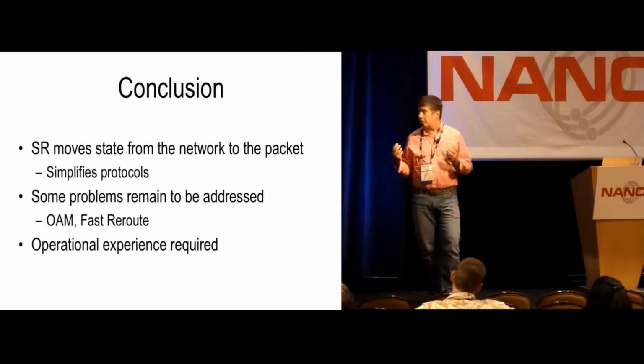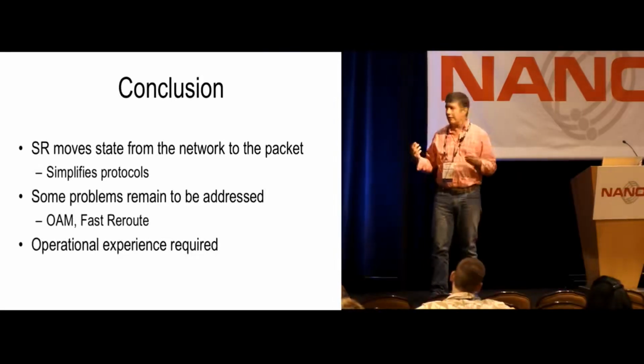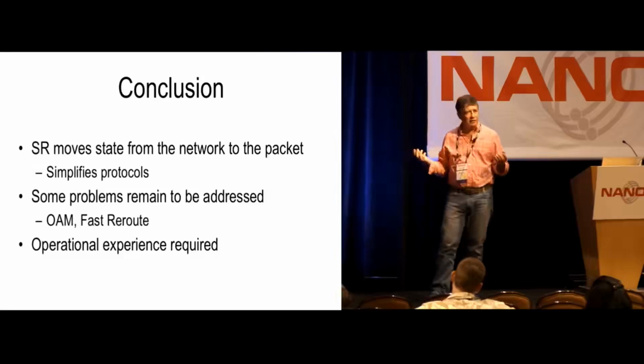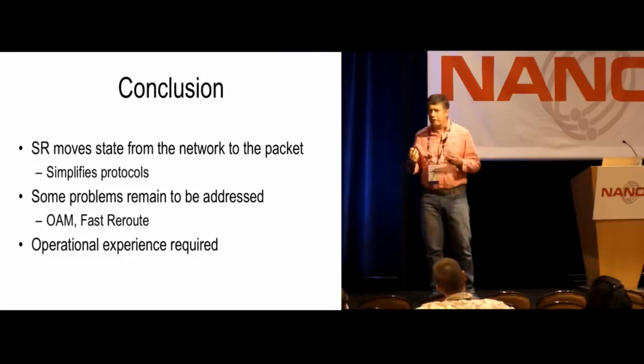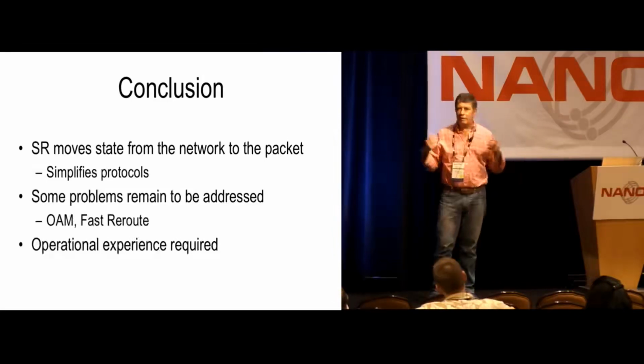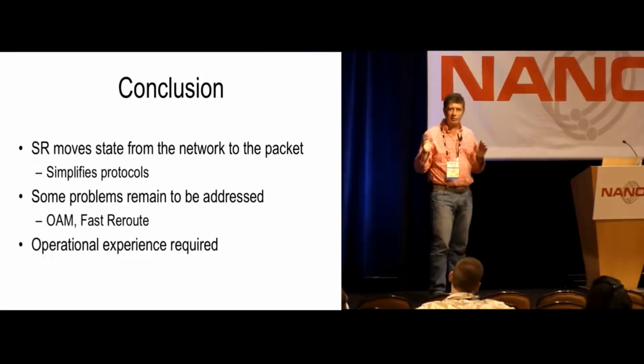But it also raises some problems. We talked about OAM. We need this out-of-band OAM thing. Fast reroute, we need to rethink. We need operational experience. It's one of those things that it's promising. It's a good idea. We should work with it. Start deploying it in some controlled environments so we start to see how it works.